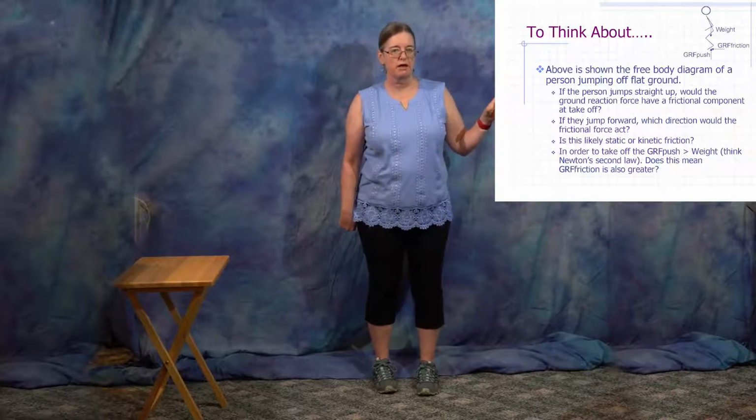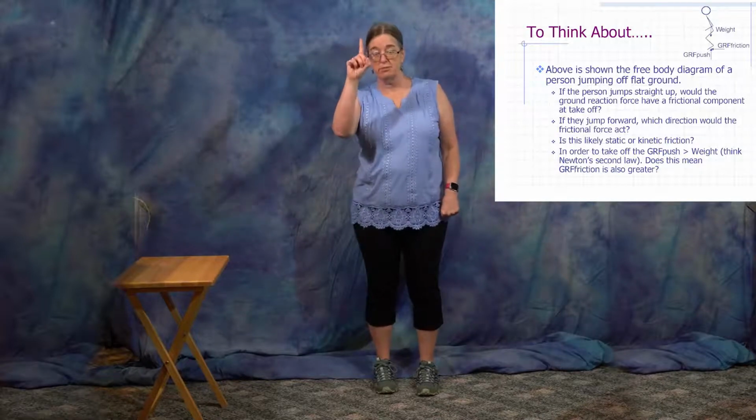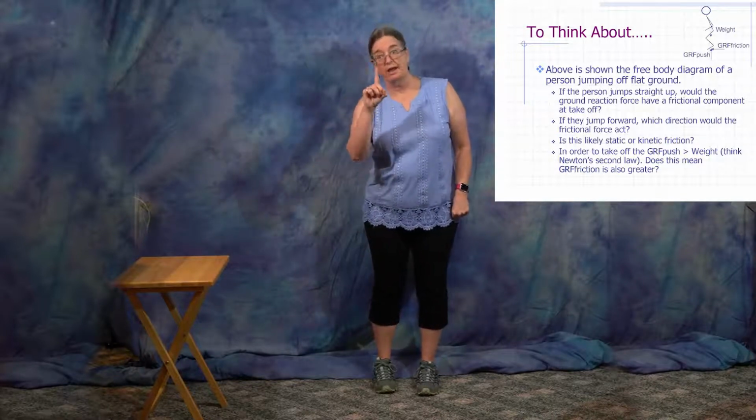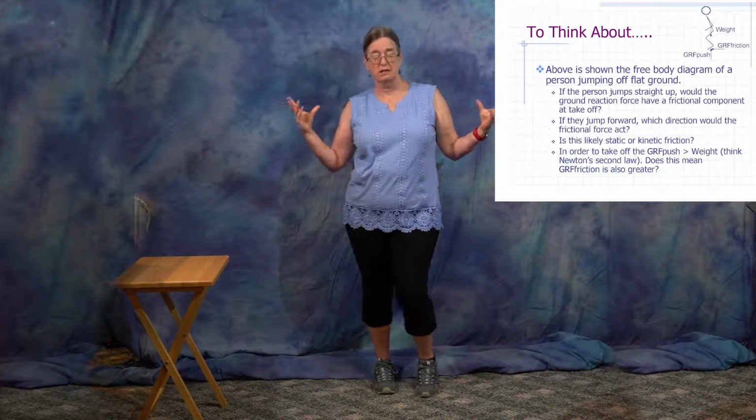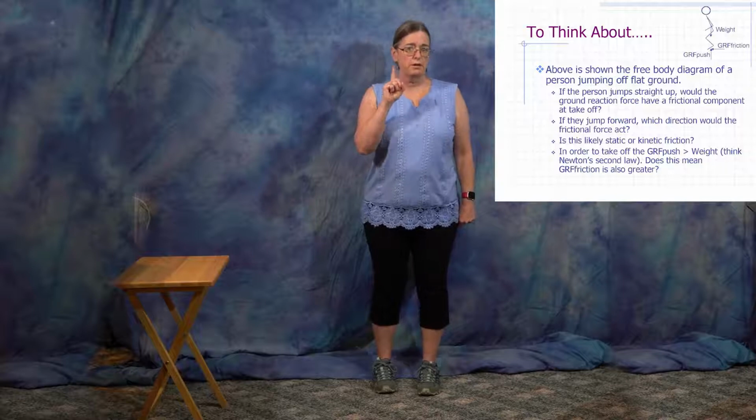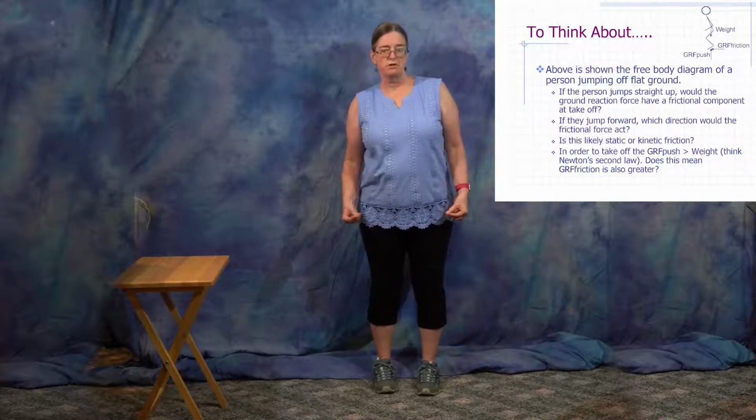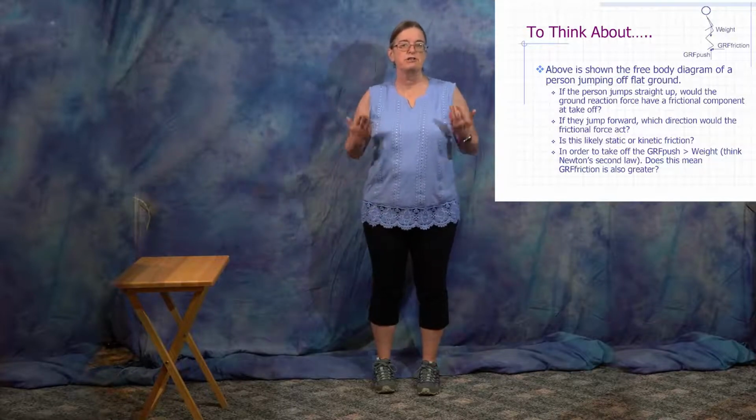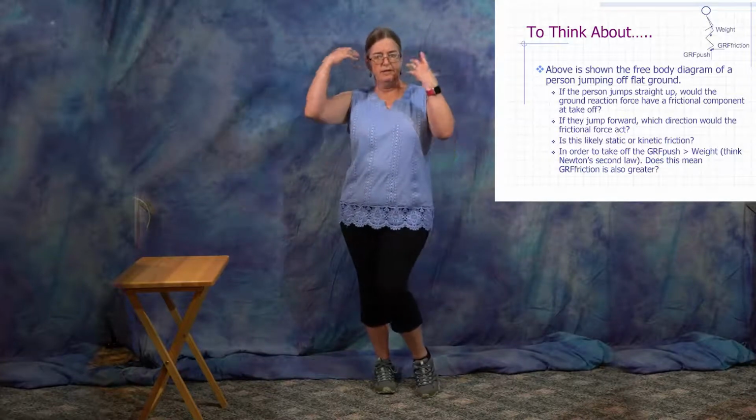So think about that from Newton's second law. Sum of the forces equals mass times the acceleration. If I want to accelerate upwards, and I can only accelerate upwards until my feet are off the ground, because then I become a projectile, then that force underneath my foot has to be greater than the force due to gravity down.